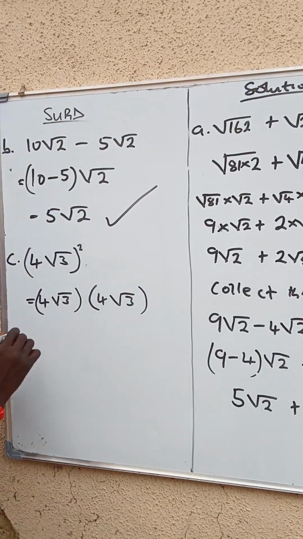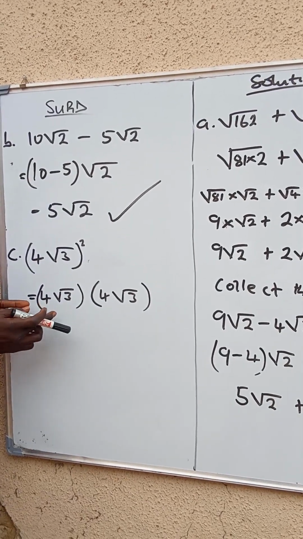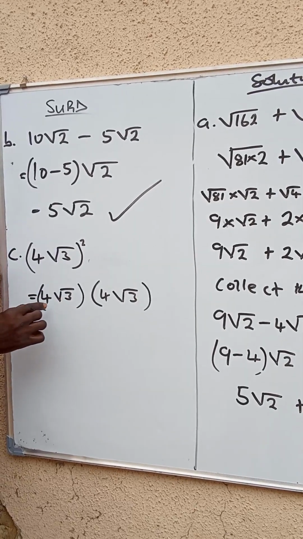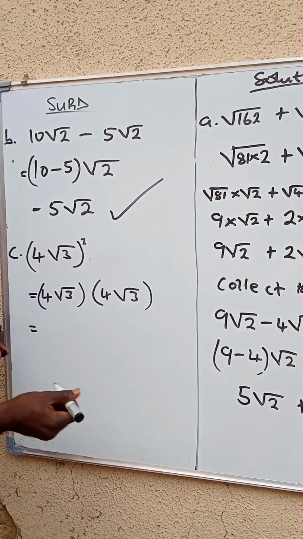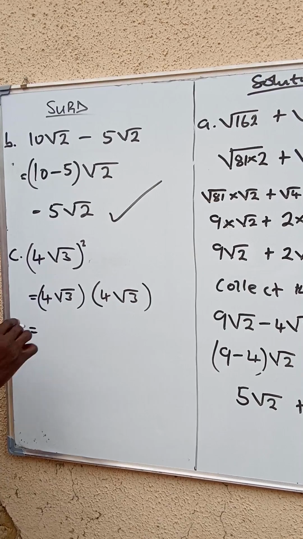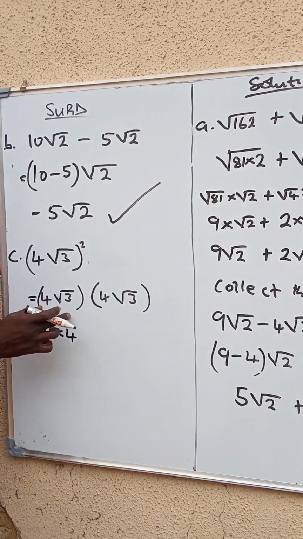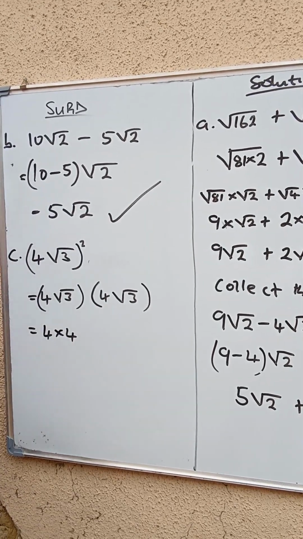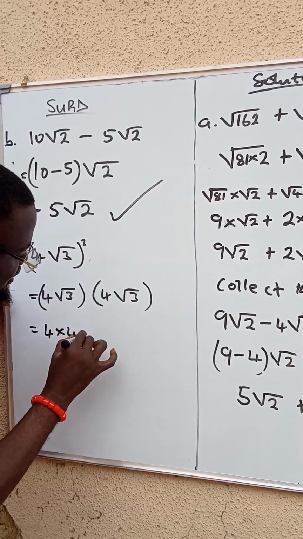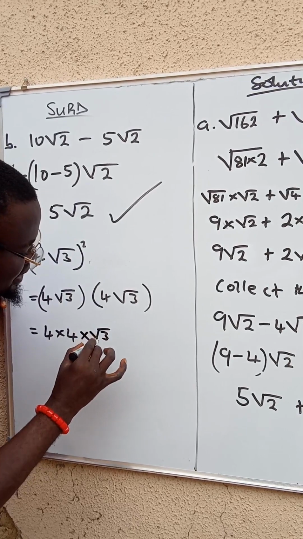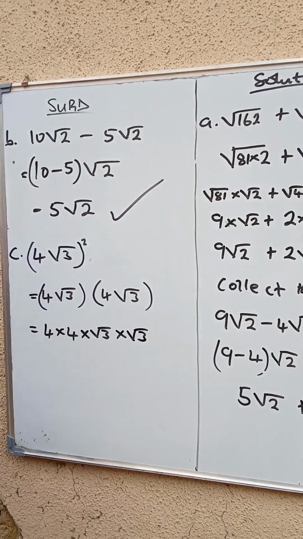Now, remember, we said that in one of the rules, if we have anything outside, we first multiply the outside. So I have 4 here, I have 4 here. So I first bring them, 4 times 4, then the root. I have the root, so this will now give me times root 3 times root what? 3.